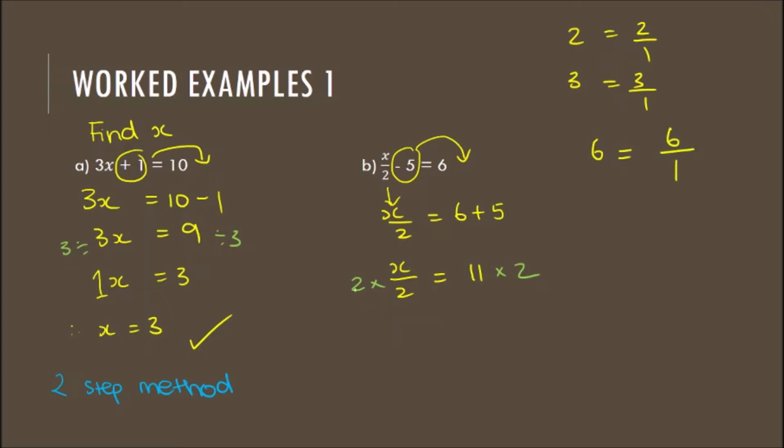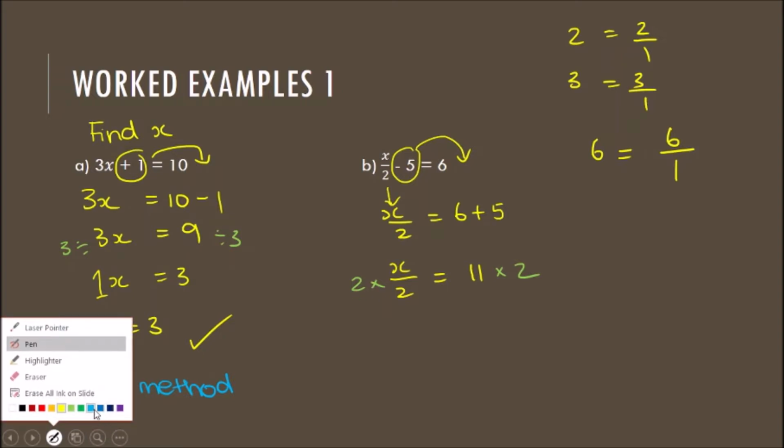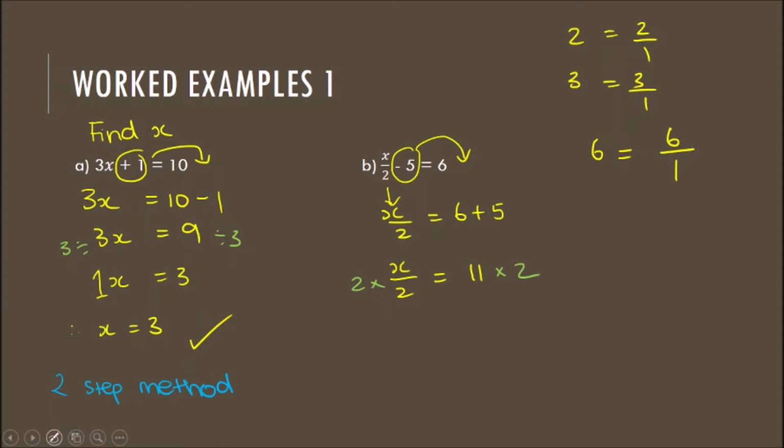If this is 2 times 2, using the butterfly method, what goes into both these two numbers that can cancel them out? Well, 2. So 2 divided by 2 is 1, and 2 divided by 2 is 1.